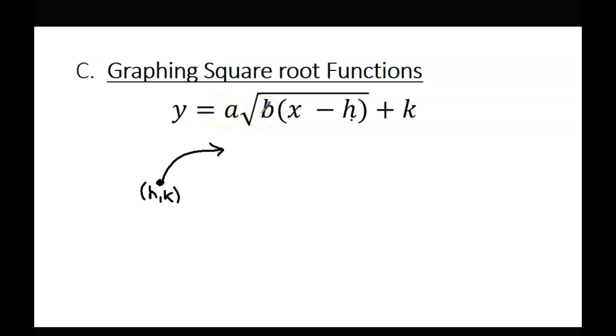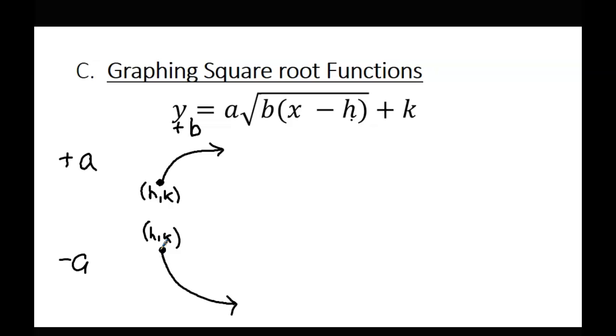In this case, that was just the regular square root of x. So that's what your graph would look like if you had a positive a and a positive b. But what if we had a negative a? Well, it would get flipped upside down, so it would look like that. What if your a was positive, but the b was negative?